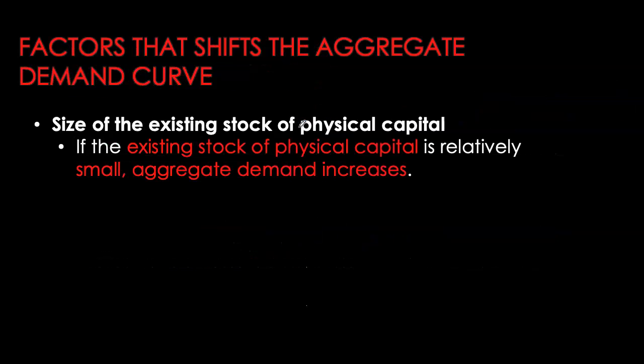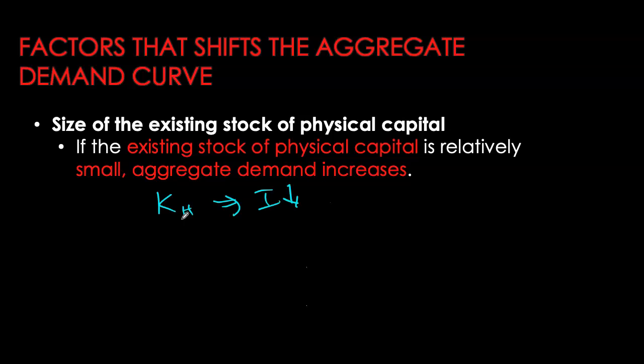Another major component that affects our aggregate demand is our size of existing stock of physical capital. Firms will typically engage in planned investment spending to add to their stock of physical capital, and their incentive to spend partially depends upon how much existing stock of capital they already have. If they already have very high stocks of physical capital, they might have a reduced incentive to engage in additional investment spending.